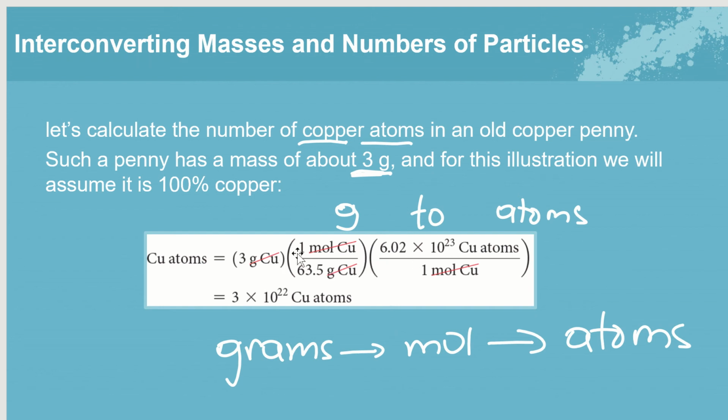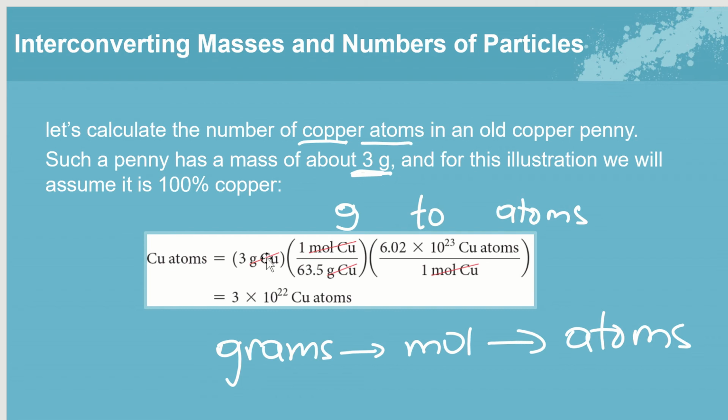So essentially, the unit that we're trying to get rid of is normally in the denominator, and the desired unit is usually in the numerator, right? So this is the first conversion. And then for the second conversion to atoms, the same is true. The unit that we're trying to get rid of is in the denominator, and the desired unit, which is atoms, is in the numerator.